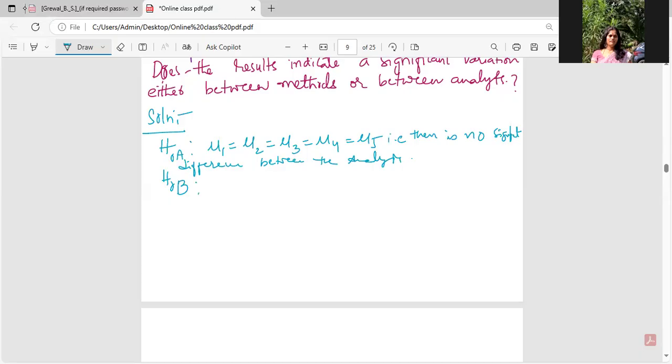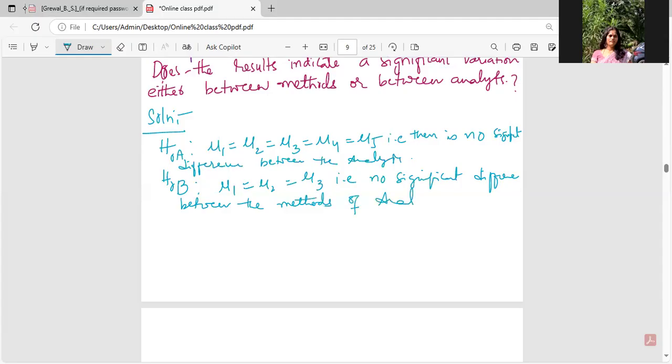Similarly, the null hypothesis for B would be mu1 is equal to mu2 is equal to mu3, that is, no significant difference between the methods of analysis. Of course, it's optional to write the alternate hypothesis, because it's just the opposite.